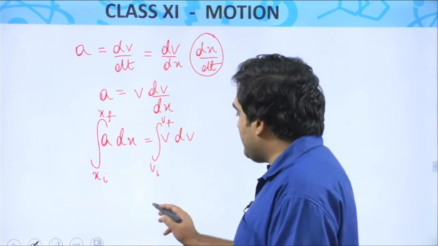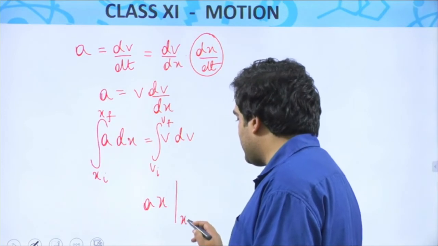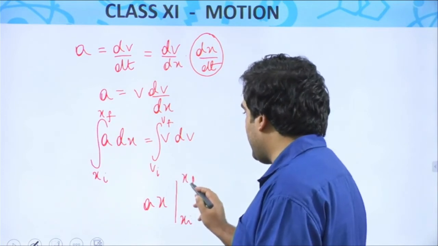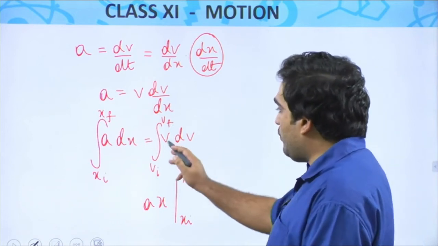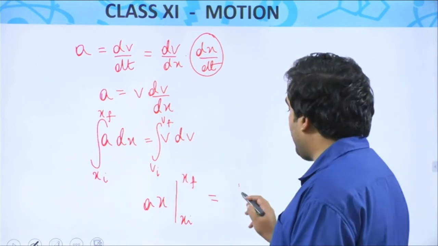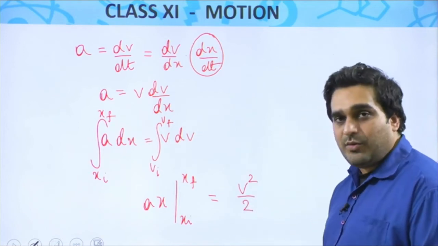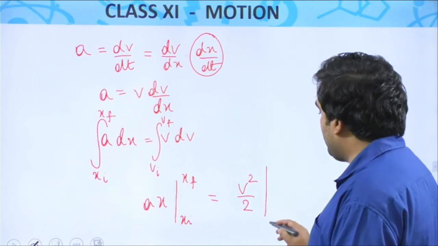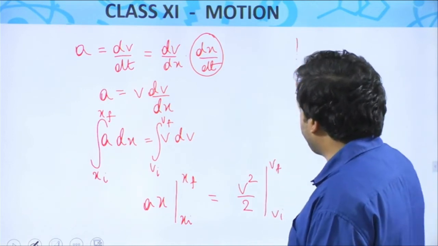By integrating, you get ax under the limit xi to xf, which is equal to the integral of v dv, and upon integrating you get v square by 2 under the limit vi to vf.